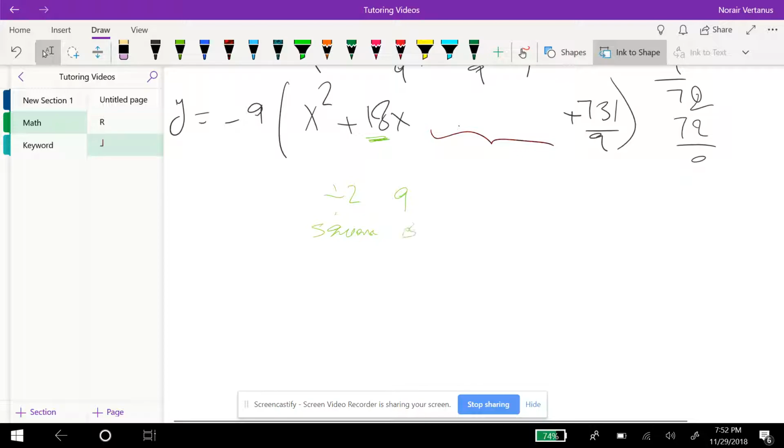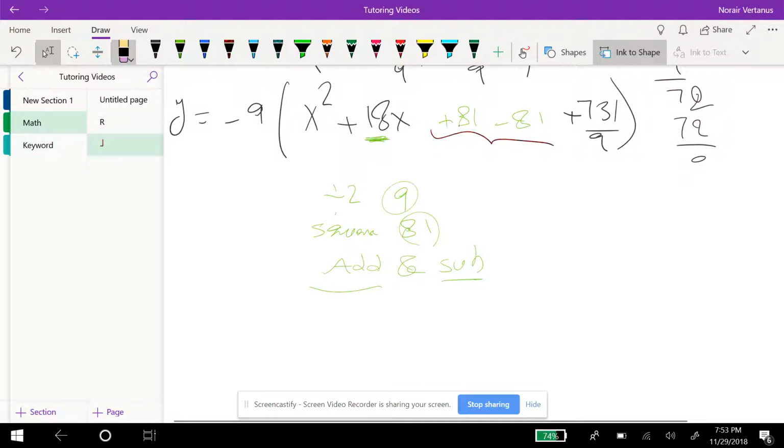It's going to be 81. And then the third rule is add and subtract. You got it? So I'm going to repeat. You get this number, divide by 2, then square it, then add and subtract. So if you add and subtract 81, we're going to do it here. Add 81 and subtract 81.